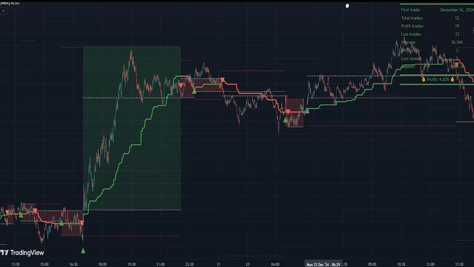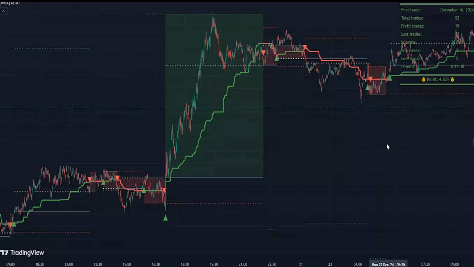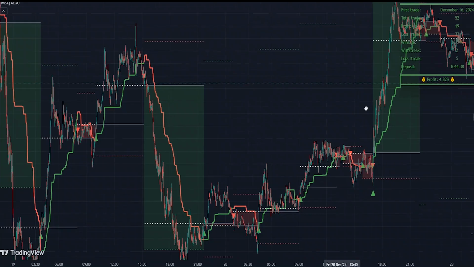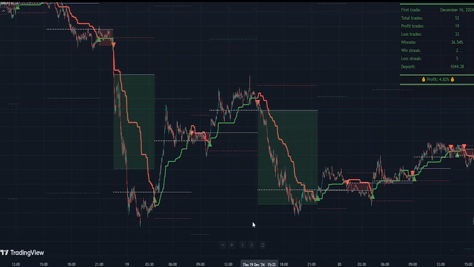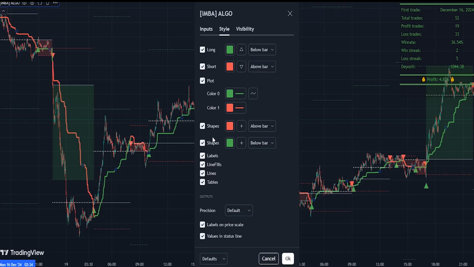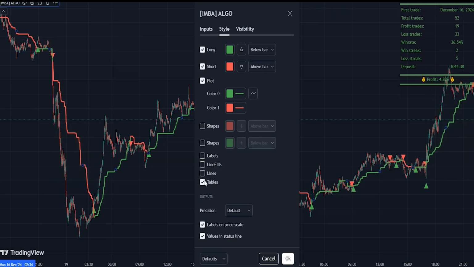At first glance, it's clear that this indicator is designed to show us entry and exit points. However, it has several components that we don't necessarily need. To optimize it, we go into the Settings and uncheck sections like Shape, Labels, Line Fills, Lines, and Tables.